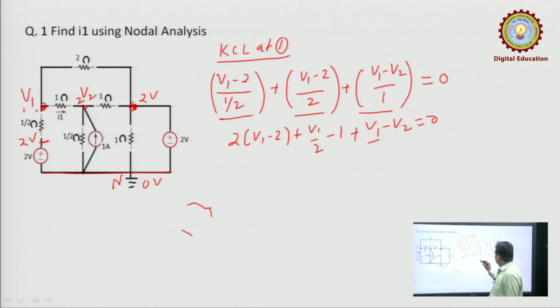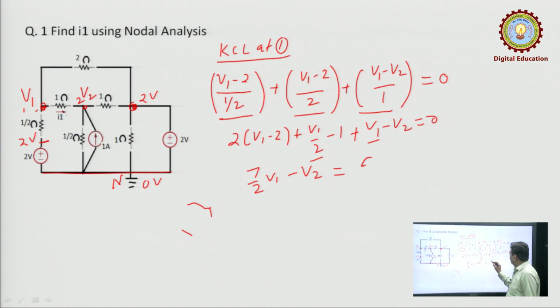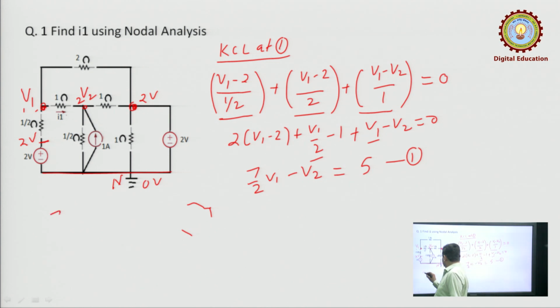Now, you can combine the coefficients: 2 plus 1 is 3, so 7 by 2 V1 minus V2 equal to 5, since 4 plus 1 is 5. This is equation number 1. So equation 1 is 7 by 2 V1 minus V2 equal to 5.